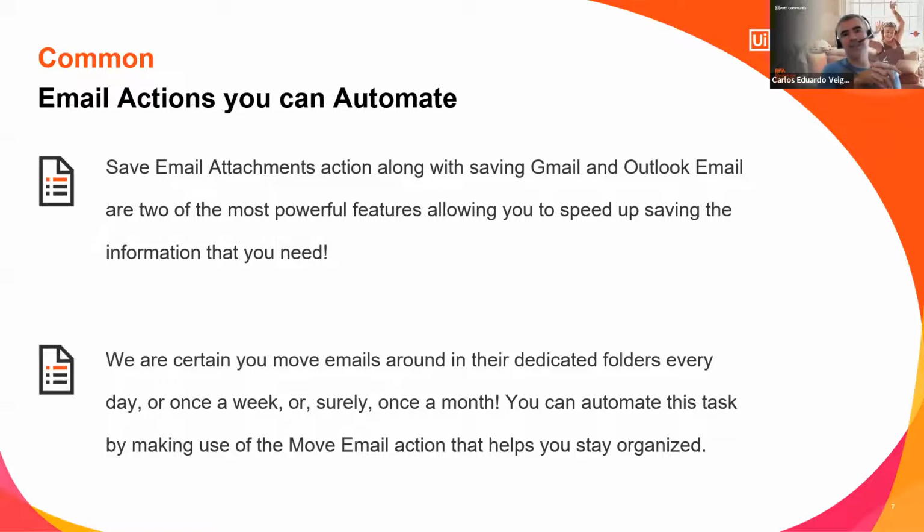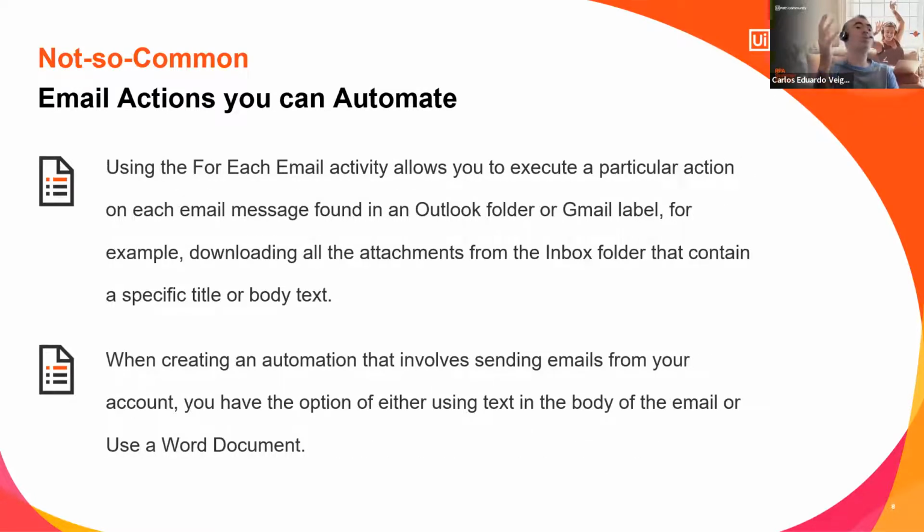Maybe this is an invoice, this is, I don't know, a resume, and something like that. So you can move those around your mailbox into different folders. You can definitely use UiPath to move things around as well. So, pretty common activities. Not so common ones now, but we'll definitely see good usage.